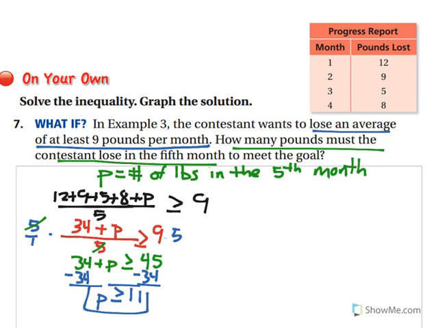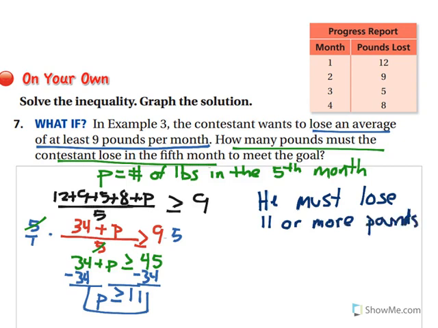So my final solution would be he must lose 11 or more pounds in the 5th month.